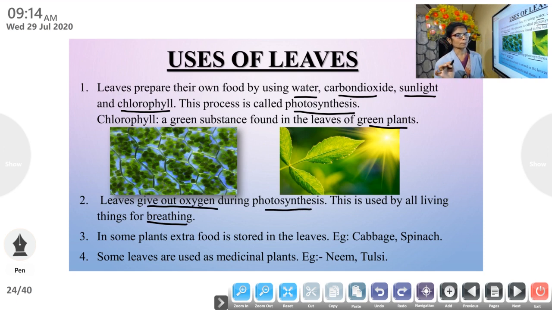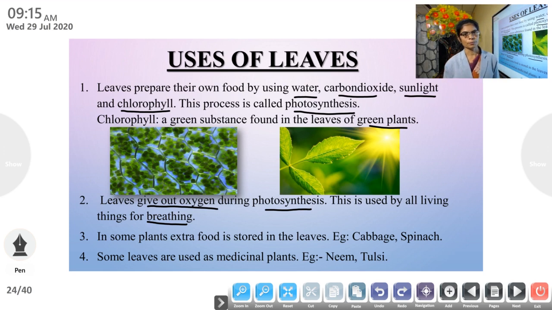Listen. Plants or leaves take in carbon dioxide and give out oxygen. This oxygen is used by other living things for breathing. Understood? Then in some plants, extra food is stored in leaves.